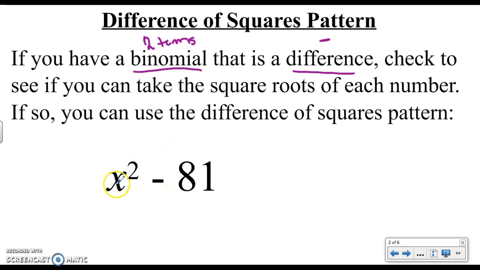So if you can take the square root of x squared, which is x, I can split that into two parts. If you can take the square root of 81, which is 9, I can split that into two parts. So my pattern for difference of squares is that one's plus and one's minus, and that's it.